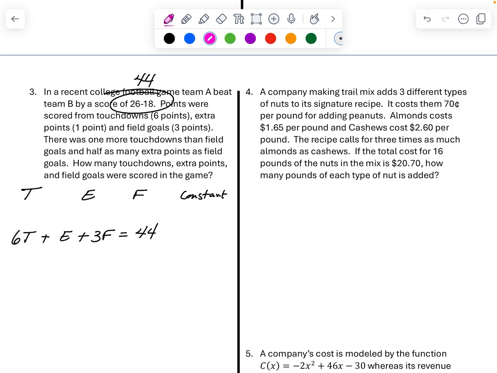It says there is one more touchdown than field goals. So the touchdowns will equal the field goals plus 1. And it says there were half as many extra points as field goals. So the field goals are the extra points doubled. So those are my equations. So I would rewrite this as a matrix.